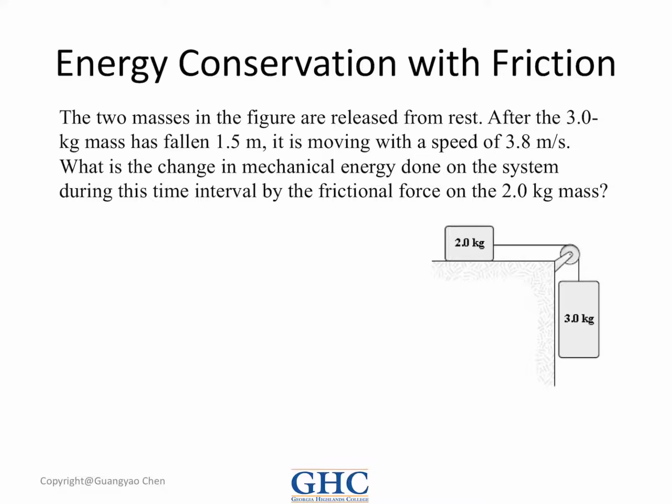So you have two masses hanging like this. Let's call this one M1, this one M2. So M2 falls 1.5 meters. After falling 1.5 meters, its speed is 3.8 meters per second. Then what would be the work done by friction on M1, the 2 kilogram object?